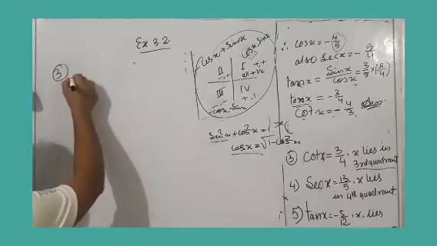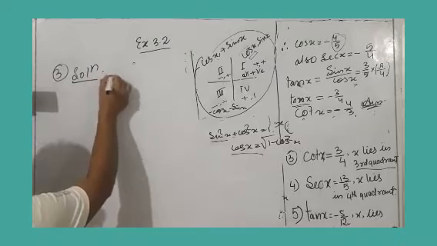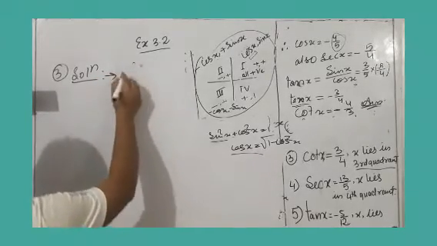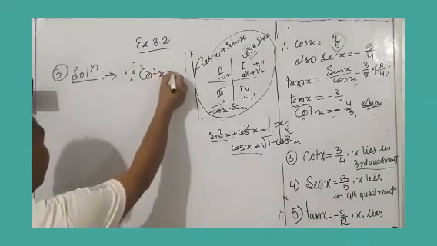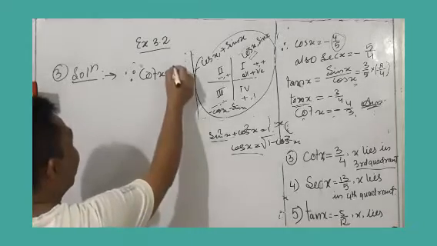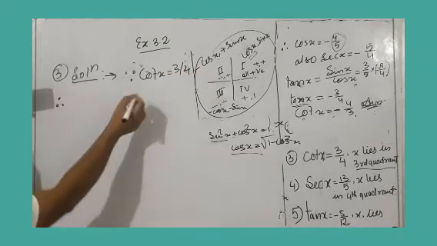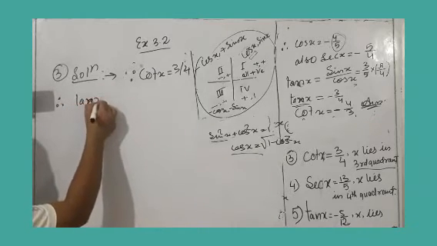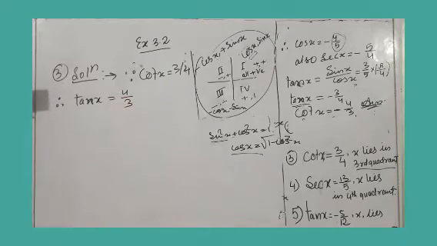Next one. You write here directly, since cot x equals 3 by 4, therefore, if we know cot x, then we know tan x also. Tan x equal to what? Tan x equal to 4 by 3.